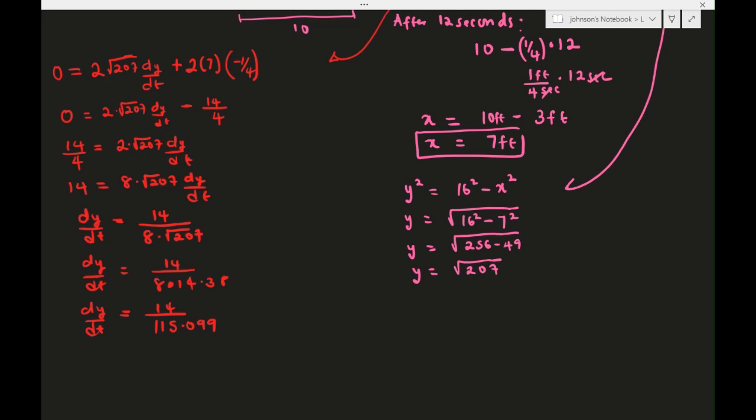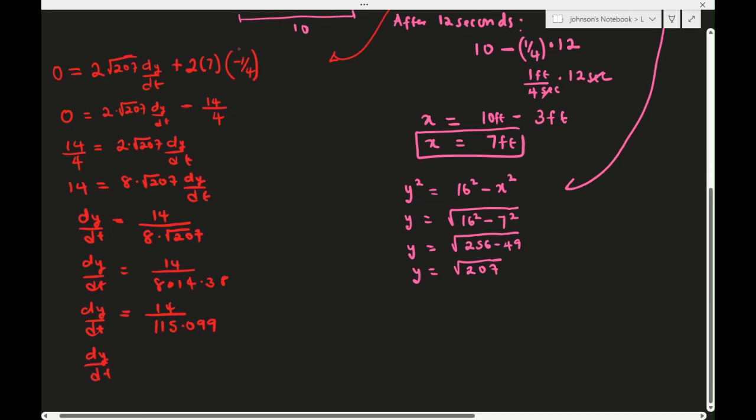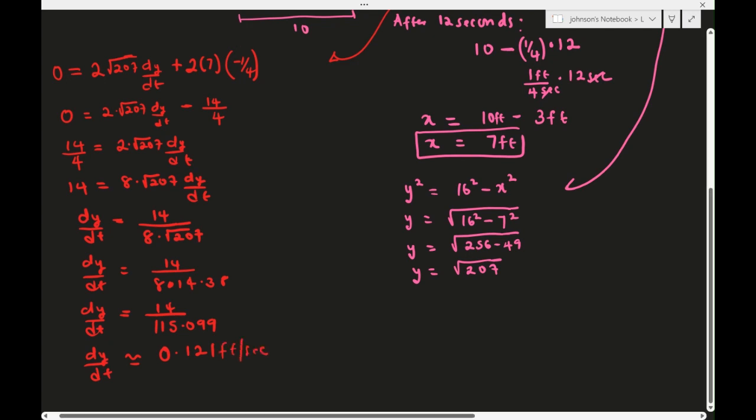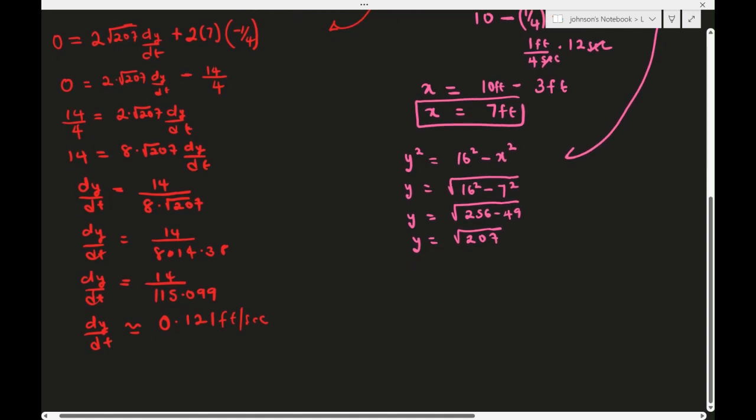Dy/dt is going to be roughly around 0.121, and this is going to be in feet per second.